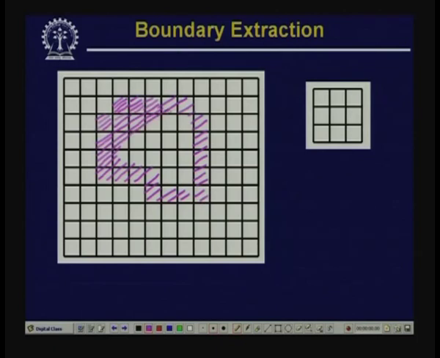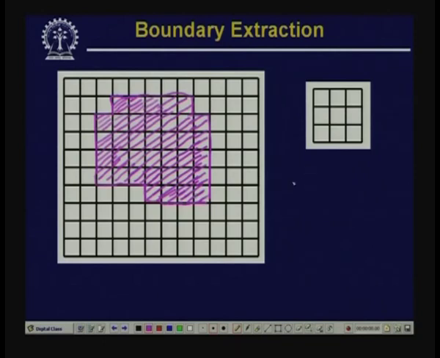Say my object region is the set of these shaded pixels. This forms my object pixels, or the point set, say A. And what we are interested in is to find the boundary of this object region.